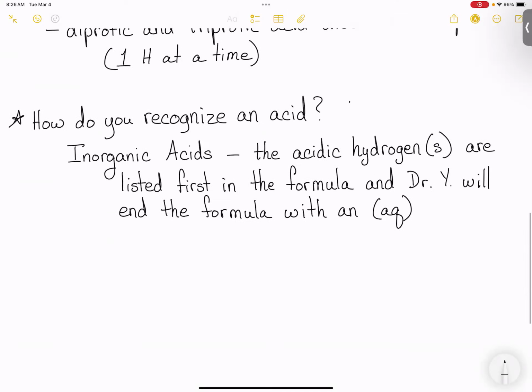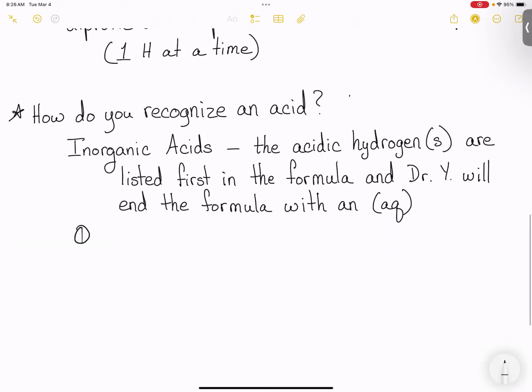Now, the other type of acid that you will get introduced to only a little bit is what's known as an organic acid.